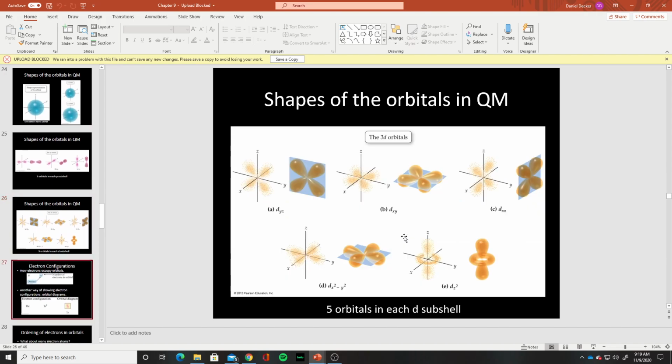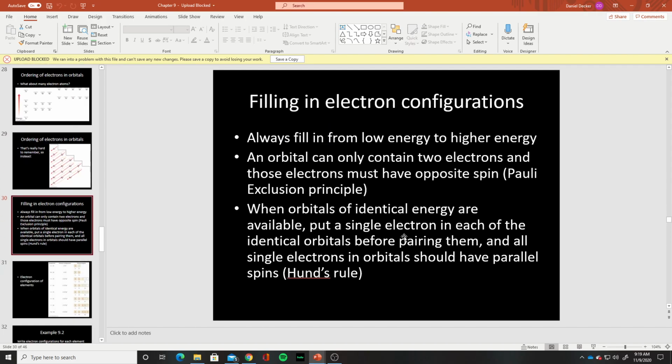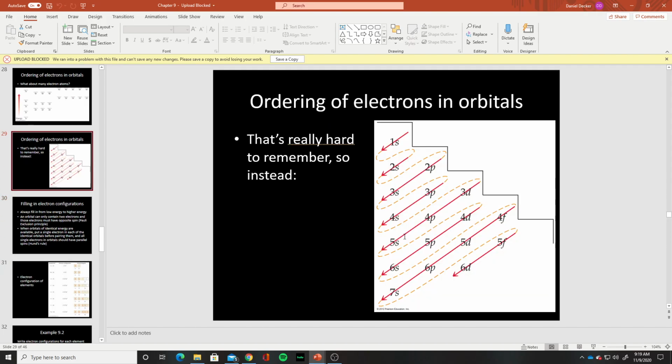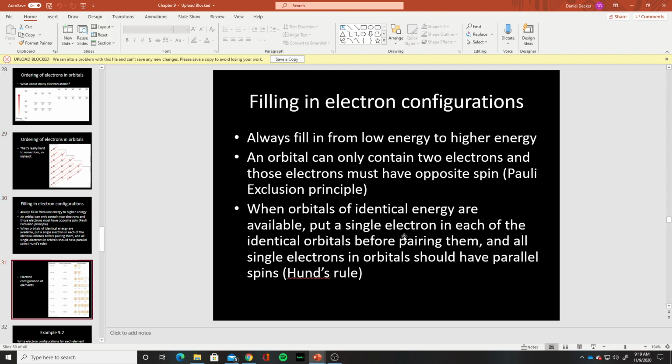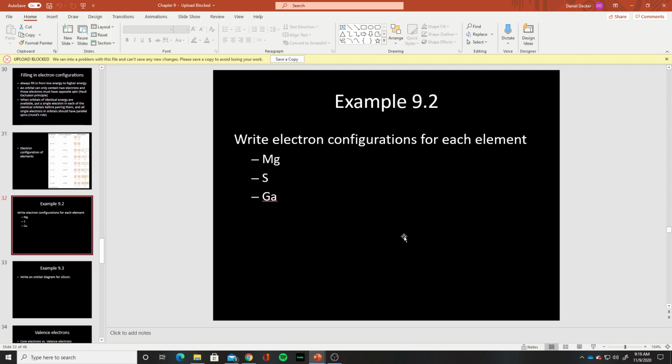All this stuff really culminates, and then also here with the correct order of subshells, it really culminates here, where we were actually writing electron configurations. And you will be expected to write electron configurations on the exam.